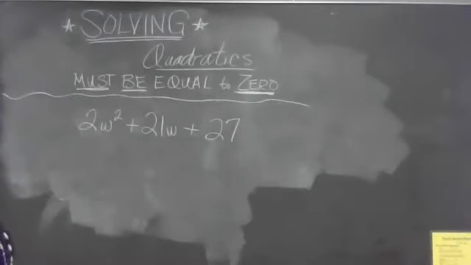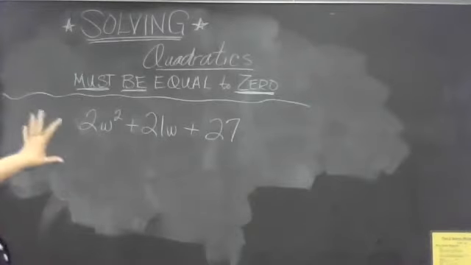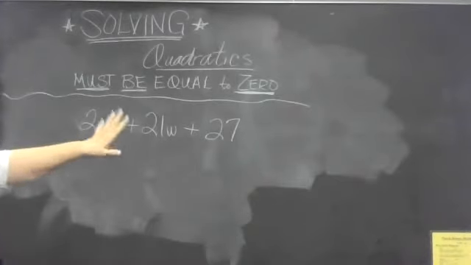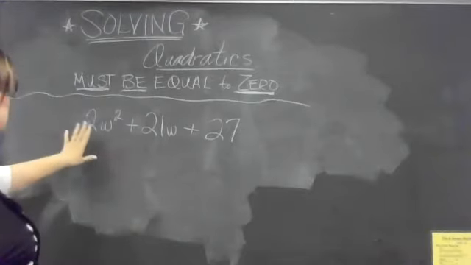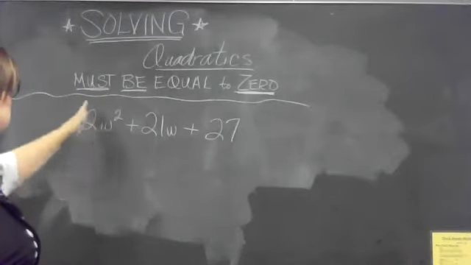Okay, so what we're going to do today is not only factor this, but they want me to continue on after I factor and actually find out what W is equal to. Now, this one's a little more involved because it has a leading coefficient that is not 1.